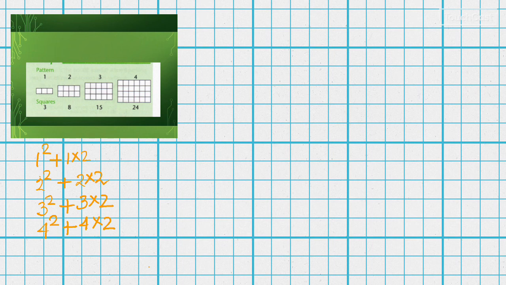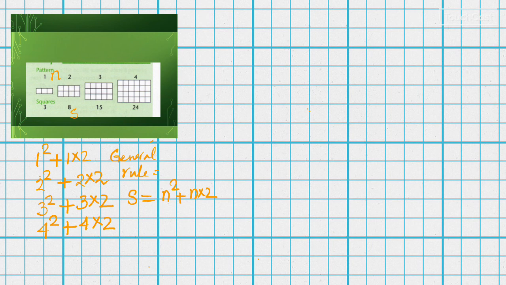So from there, if I make an assumption, the pattern number is n, and the small squares are s, the general rule will be number of small squares equals step number squared plus step number times 2. Right.